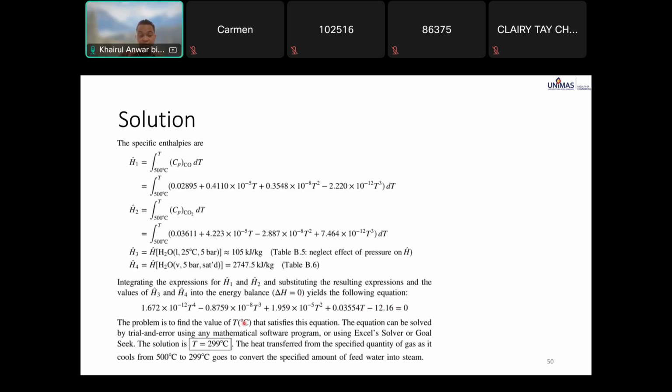The expression you need to solve, you can do it either using Excel or the latest scientific calculator.